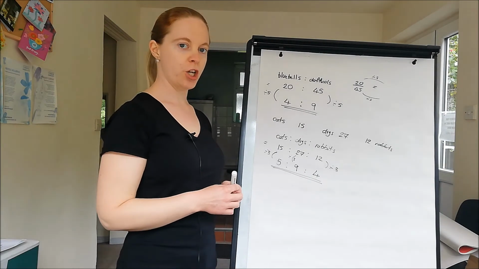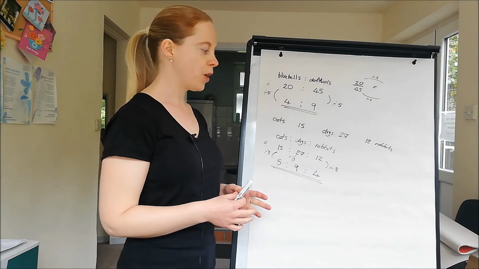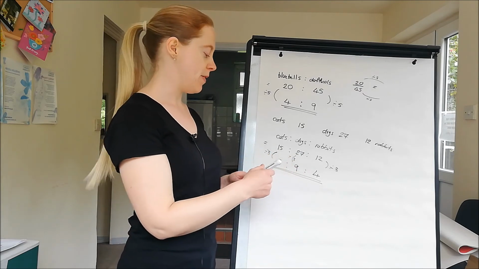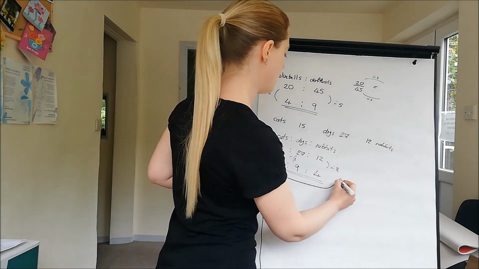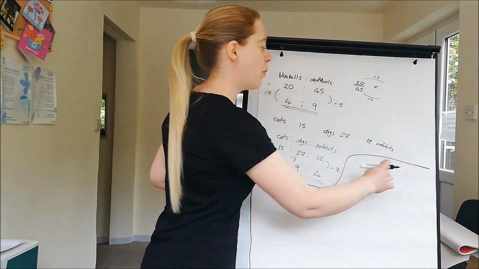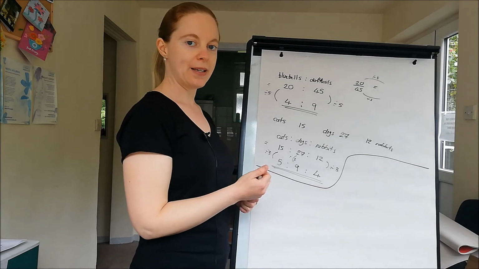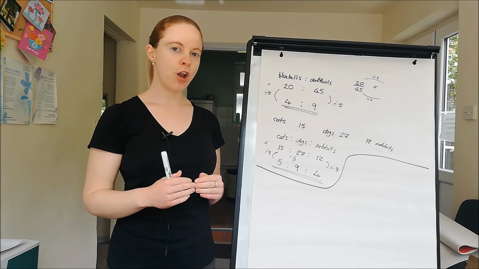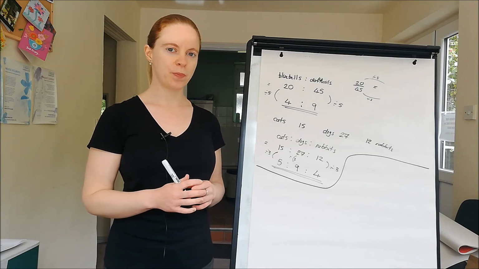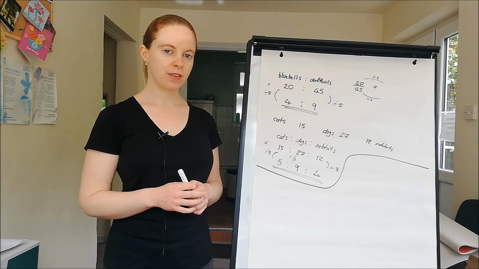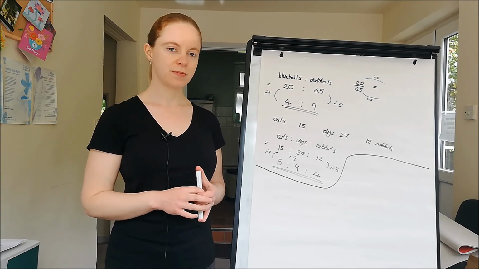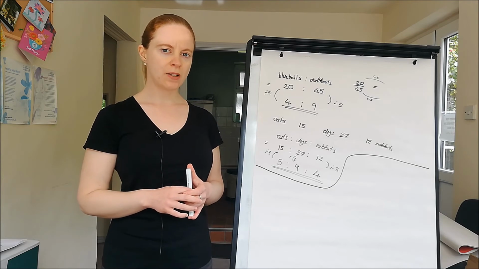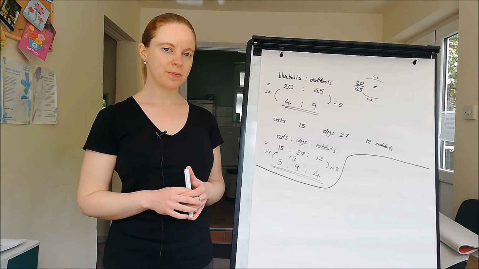It's important to mention that before you can cancel a ratio down, the left and right sides have to be in the same units. So sometimes they'll give you one where the units are mixed and ask you to cancel that down. Continuing on with your notes, just put: before a ratio can be cancelled down, all parts must be in the same units.